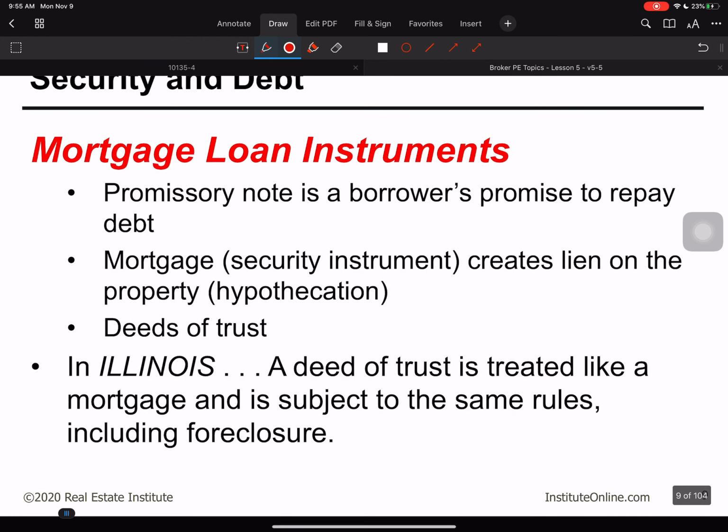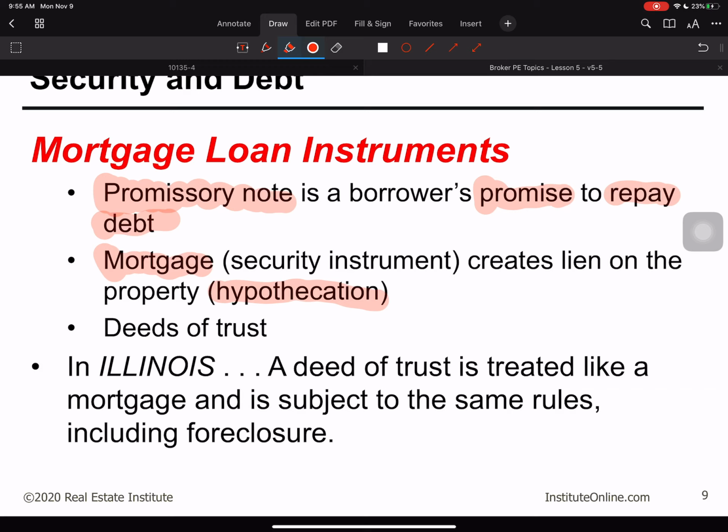Mortgage loan instruments. A promissory note is a borrower's promise to repay debt. That's huge. This is going to be a vocab word: a promissory note is a promise to repay debt. A mortgage is a security instrument.